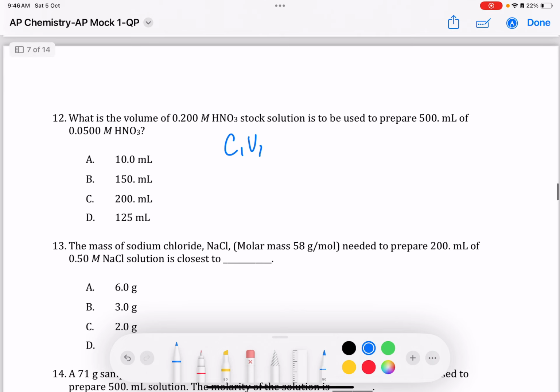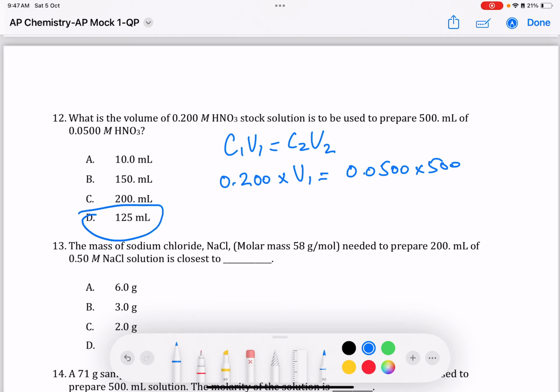So C1V1 equals C2V2. So that's 0.2 molarity times the volume. What's the volume to use in order to prepare 500 milliliters of the new diluted 0.05 molar solution? If we do our calculations, the answer is 125 milliliters.